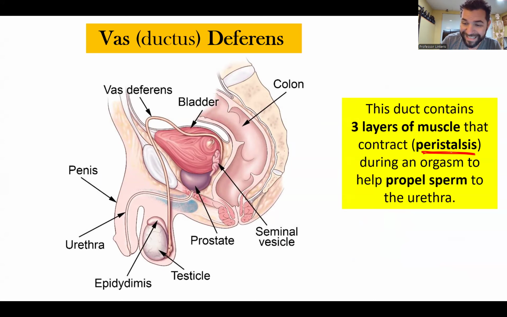A peristaltic activity, aka the three layers of muscles of the vas deferens, help move the sperm through a relatively long pathway to get out through the urethra, right? If the sperm are stored here, they got to go out, up through here, down, around. They got to go down over here before they can come out, right?